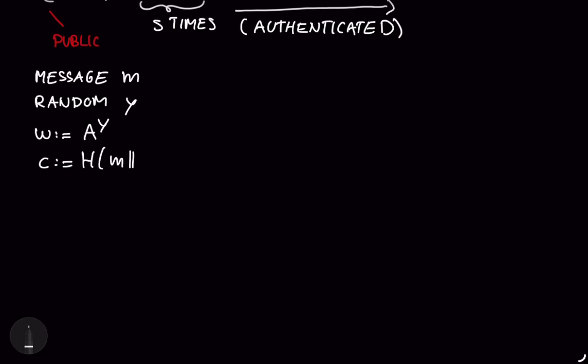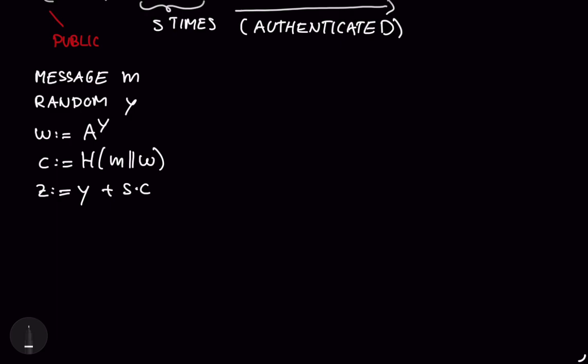That means we write M and W next to each other, so it's a kind of concatenation. And then we hash it to get C, and we have another part to compute, which is Z, and this is Y plus S times C, because we can read or interpret the C as a number.